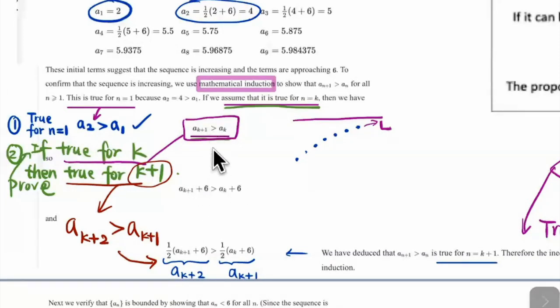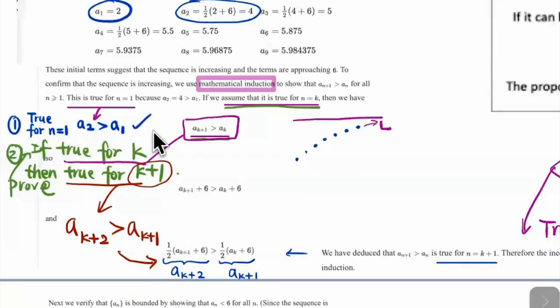Will the inequality sign here change? No change. And then now you divide both sides by 2. Would the inequality sign here change? No. So from here, you're able to prove this is greater than this, which means this is true.